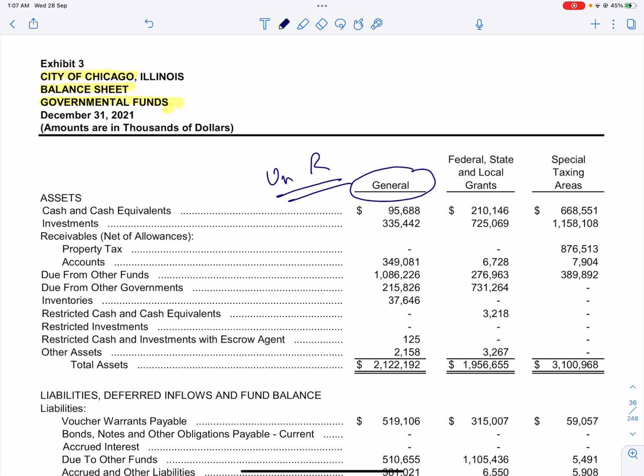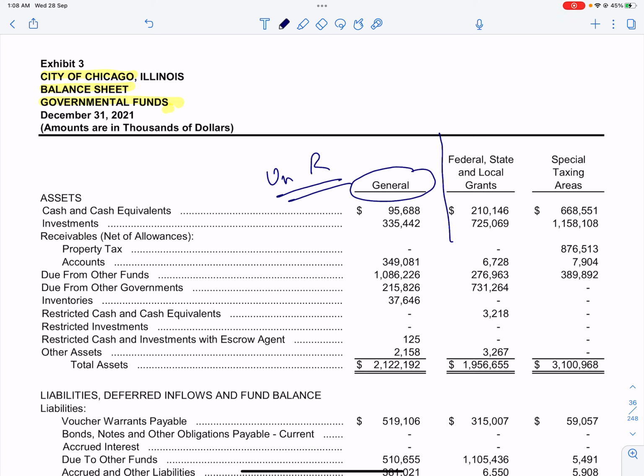Then we have restricted funds, and these funds can be used for a specific purpose only. For example, there can be a special revenue fund for taxes on fast food, or taxes on highways, for repair and construction of those highways. There can be a debt service fund, funds that the government will use to pay off the debt. There can be a capital project fund, a fund that the government will use for construction of roads, buildings, schools, etc.